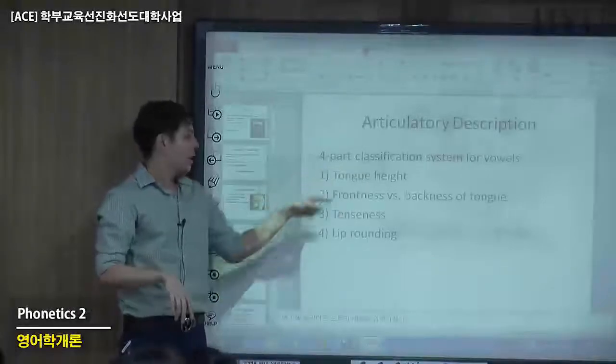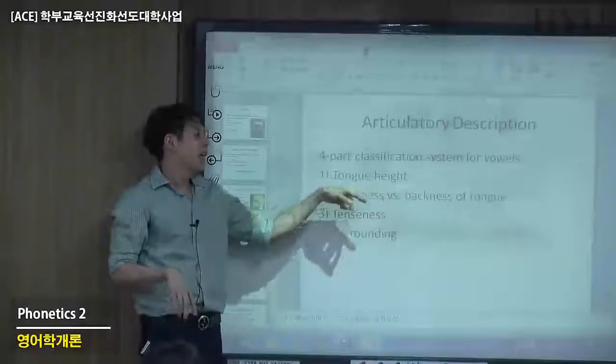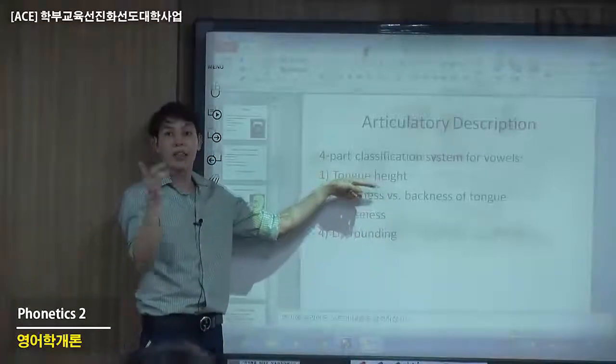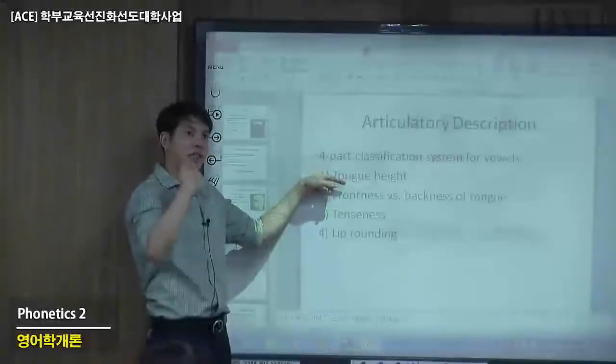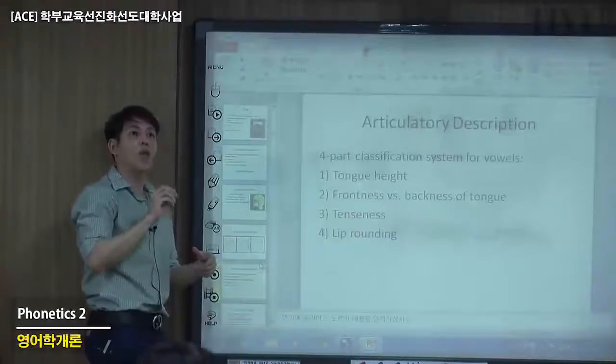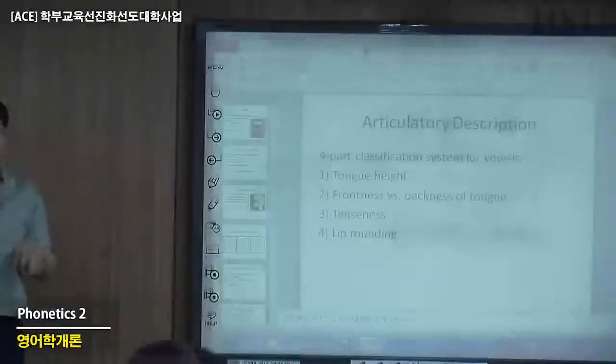Tongue height, and then frontness or backness of the tongue. Is it in the front, is it in the back, or is it in the middle, right? And tongue height, is it high, is it medium, is it low? Tenseness of the tongue, is the tongue tense or relaxed? Lip rounding, whether you round your lips or not, okay?